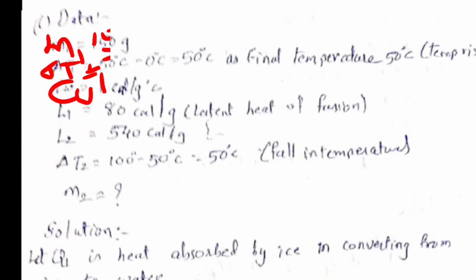Now if you observe in this sum, everything I am taking in calories and grams. If anything is in kg or kilocalorie, I need to convert it to calories and grams. So maximum things are given in one unit, and that unit you are going to use. Correct? So the specific heat capacity of water is 1 calorie per gram degree centigrade.